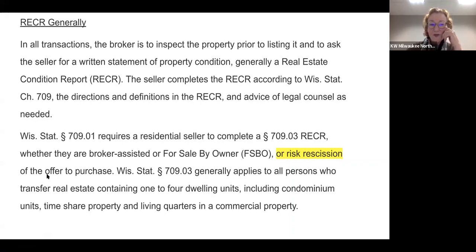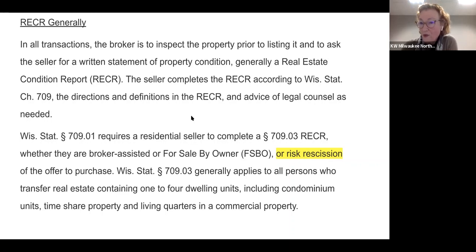This requires the residential seller to complete the RECR, whether they are broker assisted or for sale by owners. So that means everybody in the state, when they sell, has to fill one out or risk rescission of the offer to purchase.